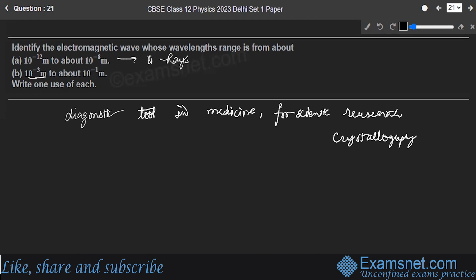The second one, 10 raised to power minus 3 to 10 raised to power minus 1 meters. These are the microwaves, which are used in radar and microwave telecommunication, microwave ovens, etc.